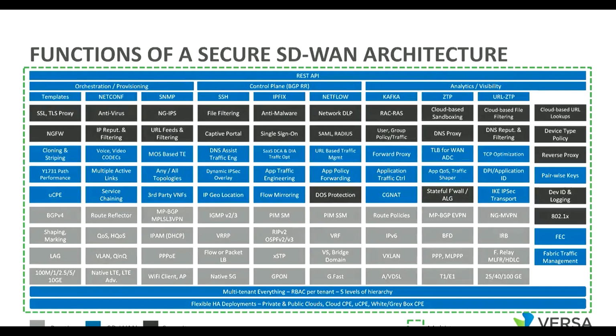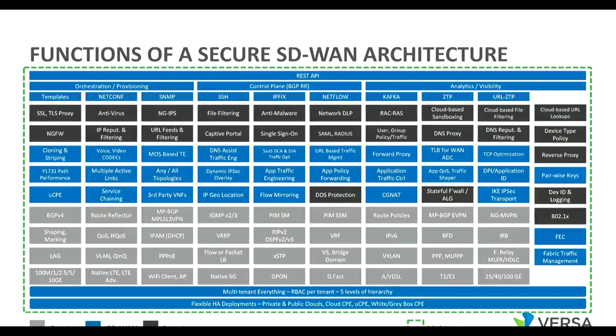Very good segue into this next slide, Mike. Clearly, first of all, I totally agree with you that routing, security, and SD-WAN should be equal citizens and should achieve excellence. The secure SD-WAN architecture achieves excellence in all three of these, and I'll get into why they are needed.